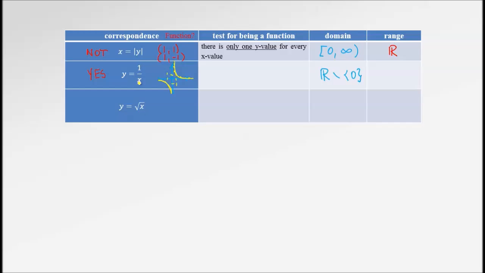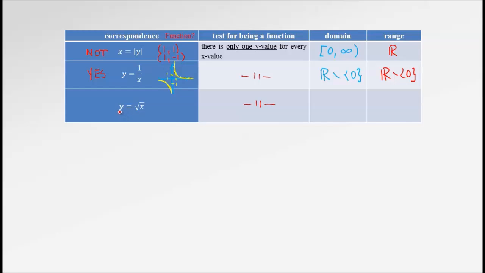It's always 1 over something, 1/5, 1,000, 1,000,000, but it's not 0. So again, the y value will never be 0, but it can be any other real number. So range is also all real numbers, but not 0. Obviously, this box is the same as above, so it should be written exactly the same in both cases here.